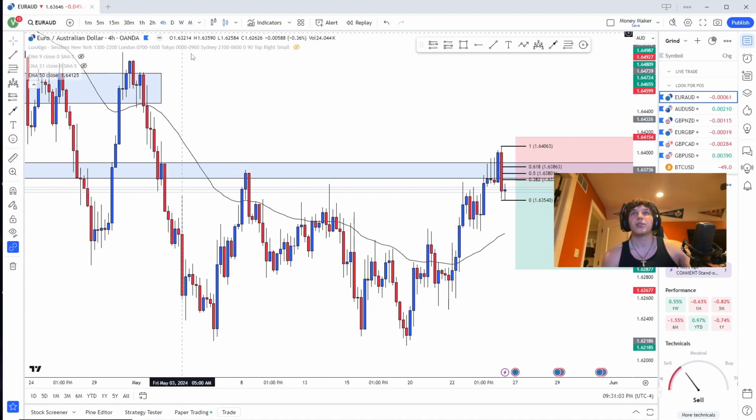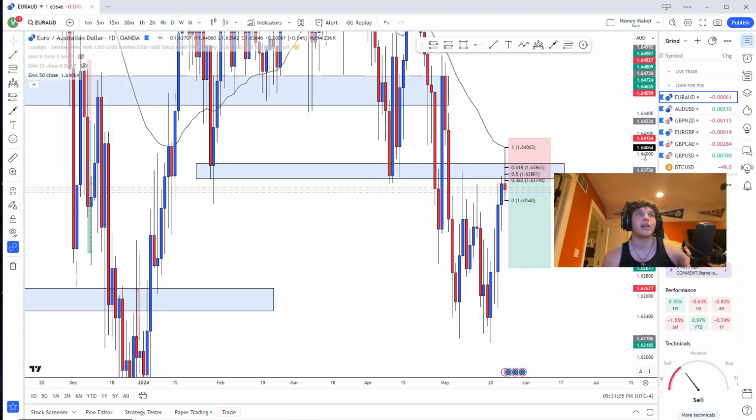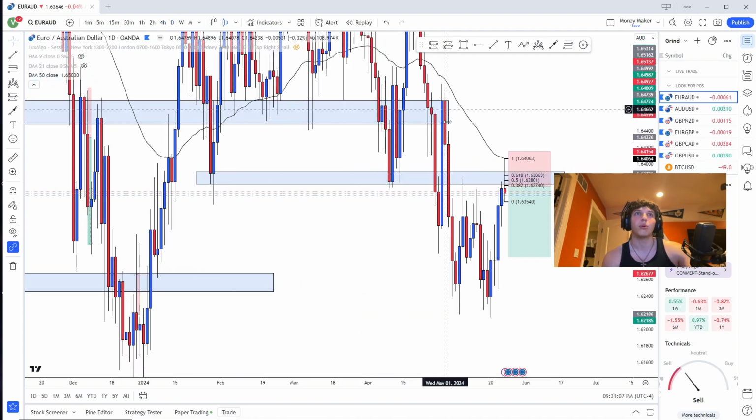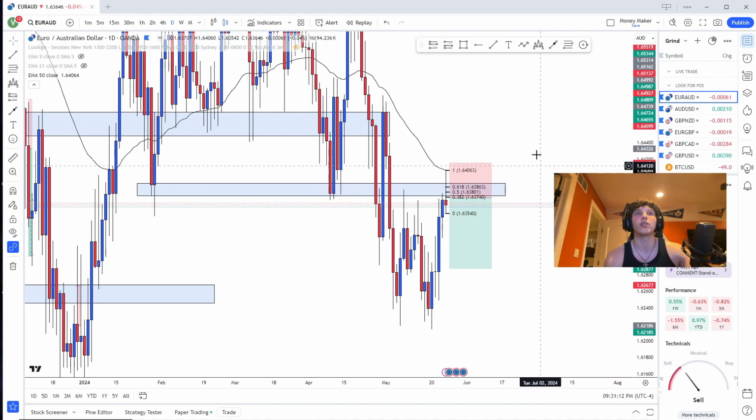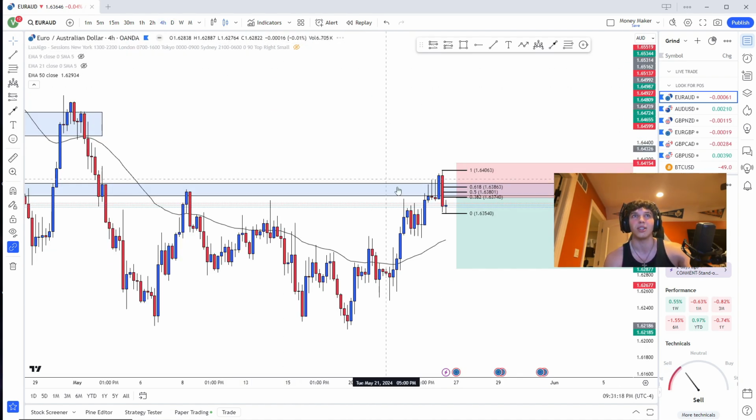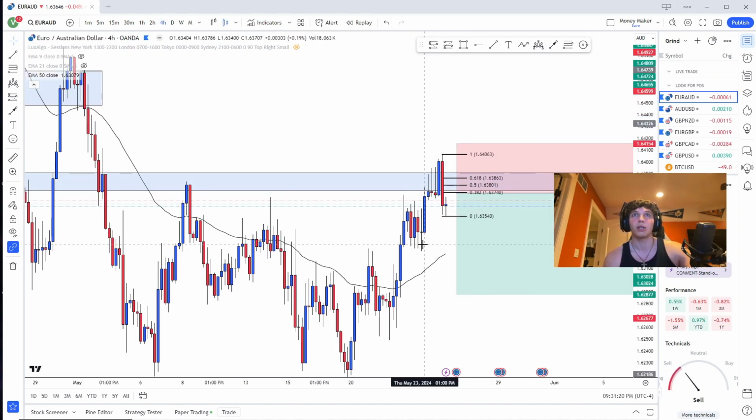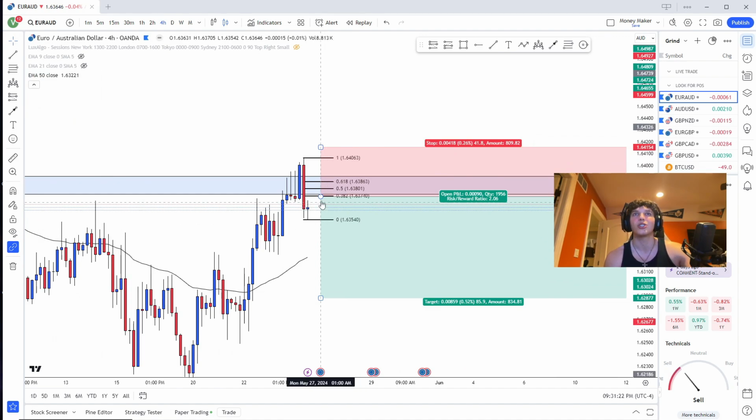Basically we have our daily EMA that we used as support, a little bit of resistance here, resistance again, and we're likely going to be using it as resistance a third time. We're rejecting our daily EMA as well, which is great. We love to see that. What I'm going to be looking for in this trade is just another retracement.